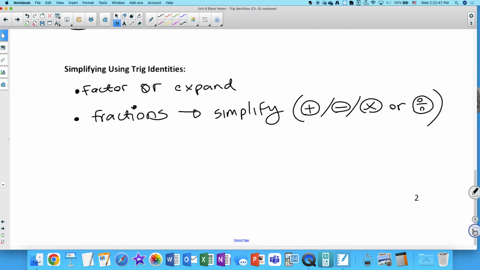Another little tool that comes in really handy sometimes is the conjugate.